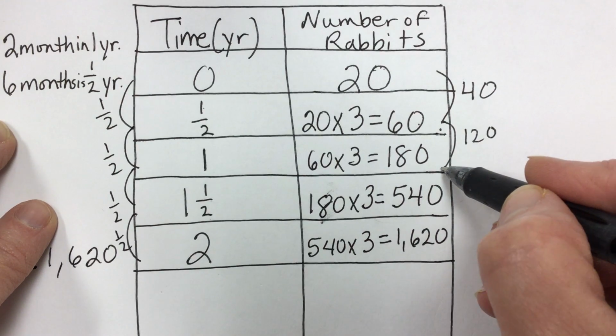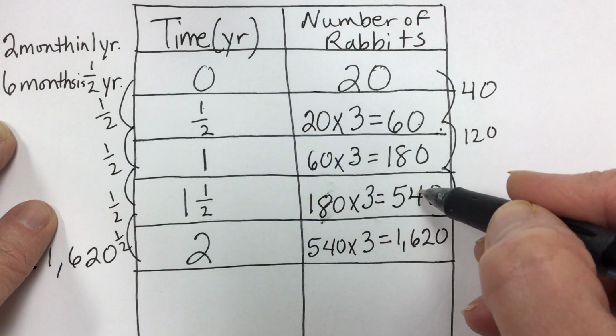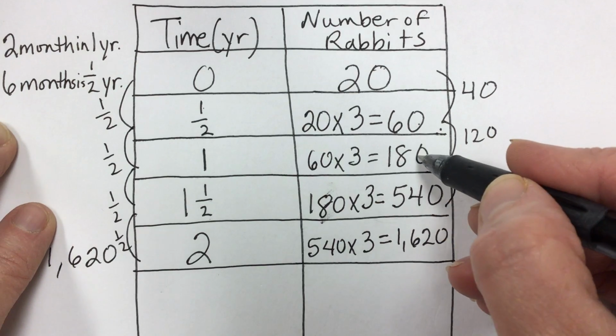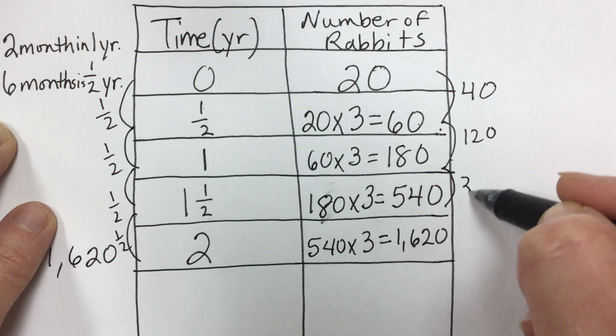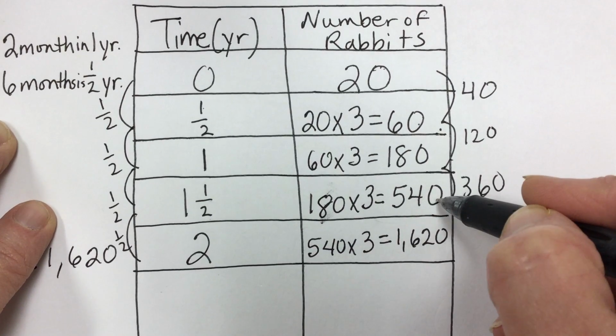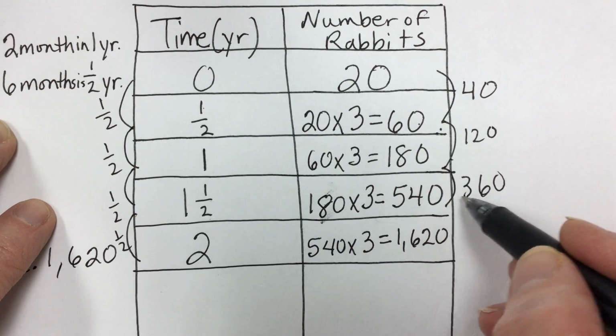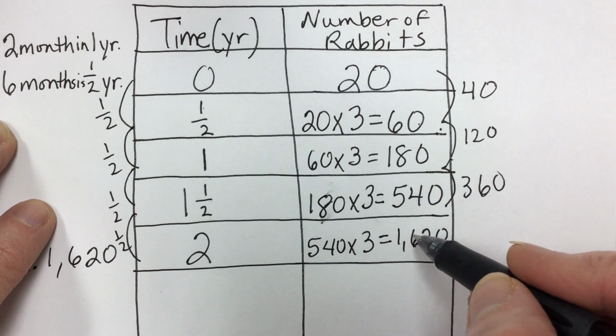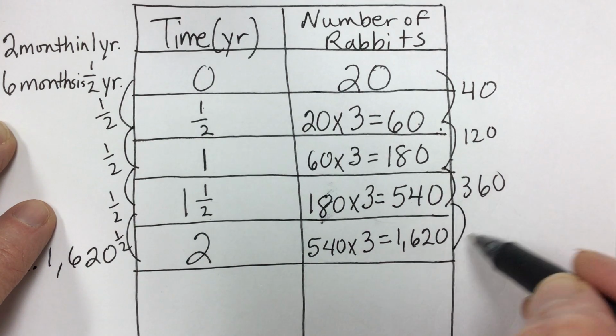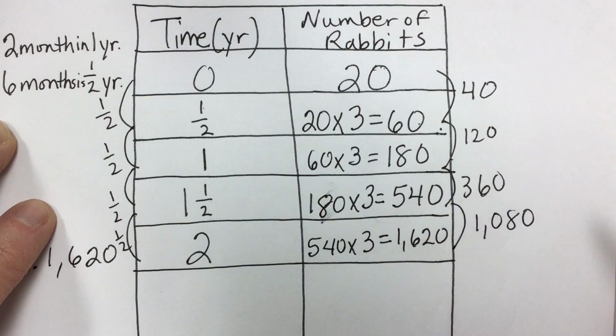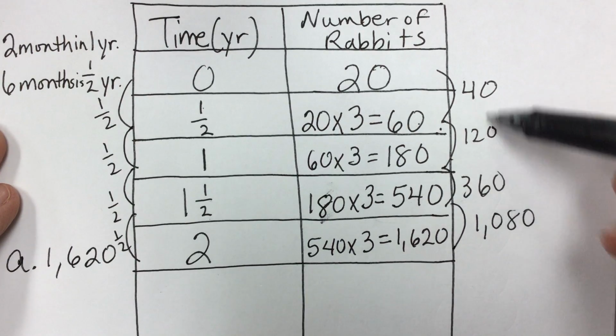To go from 180 to 540, you can always subtract them, 540 minus 180 on your calculator, and that will give you 360. You had to add 360 here. And then to go from 540 to 1,620, you had to add 1,080. So you see, these are not constant.